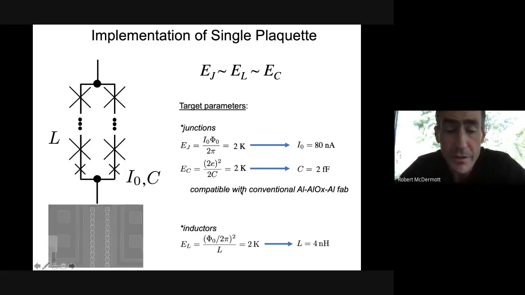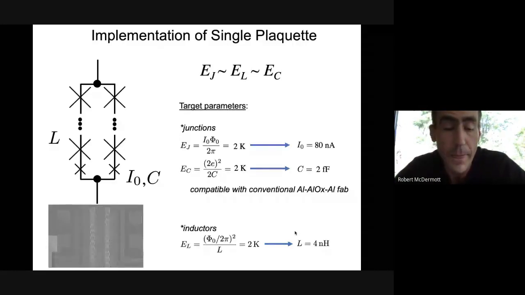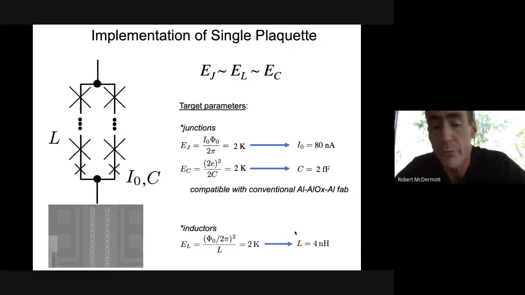And note that the inductors that we need here are large but quite realizable using 10 junctions or kinetic inductors involving 100 or so squares, without great demands on the inductance per square of the kinetic inductor material.